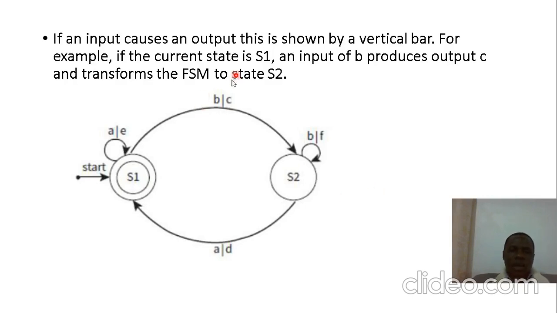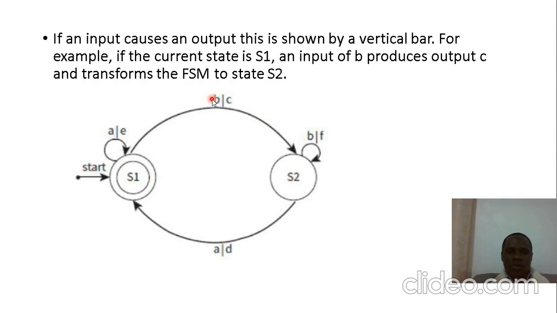It's still the same one, but what this shows is that when you have a vertical bar between two items, it means the first one is the input and the second one is the output. So you expect output C from input B as it transforms state 1 to state 2.